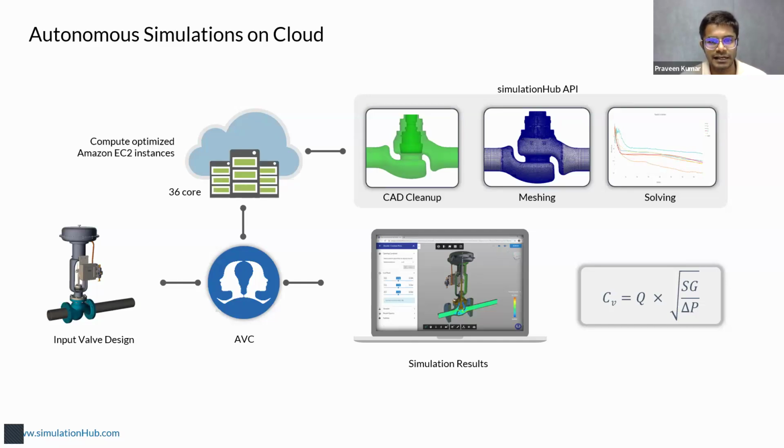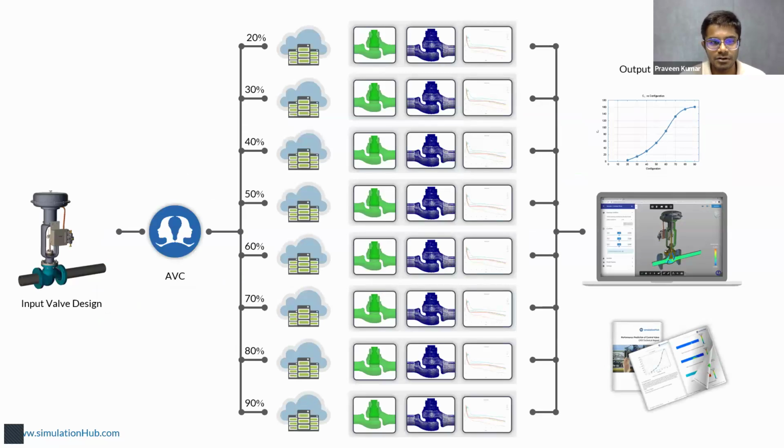So this is one data point. Now imagine you doing the same thing for multiple openings, from fully closed to fully open. For every opening percentage, the same process happens, and a dedicated machine is assigned for every opening. So you can imagine all this process happens in parallel.